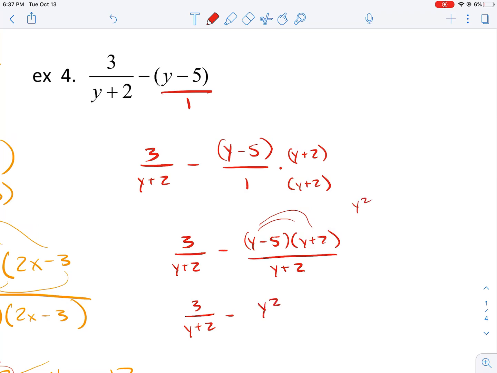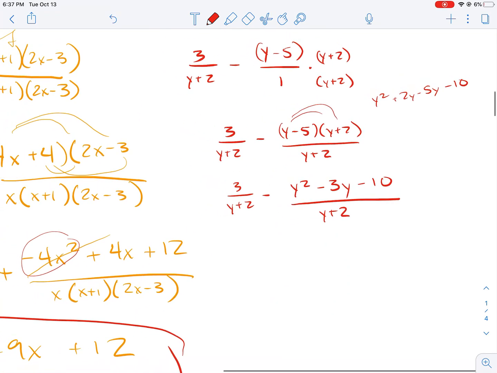So it's going to be y squared plus 2y minus 5y minus 10. So it's going to be y squared minus 3y minus 10 all over y plus 2.